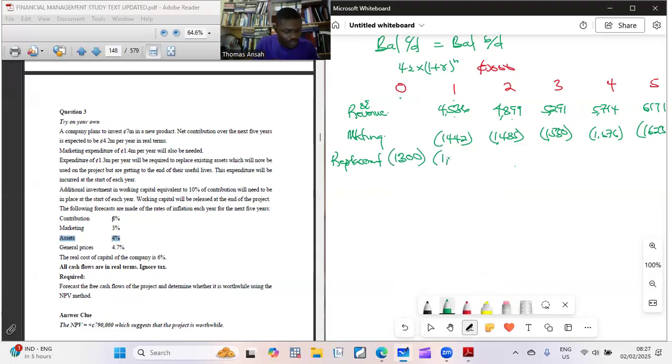I have here 1,352. I go again. 1,406. I have here 1,462. Then the last one, because it's for 5 years, so 5. The last one will end at year 4.